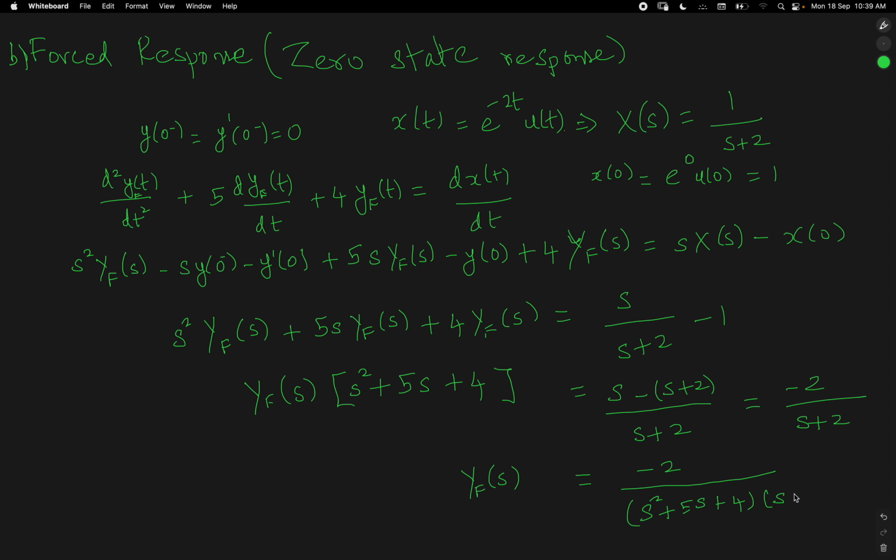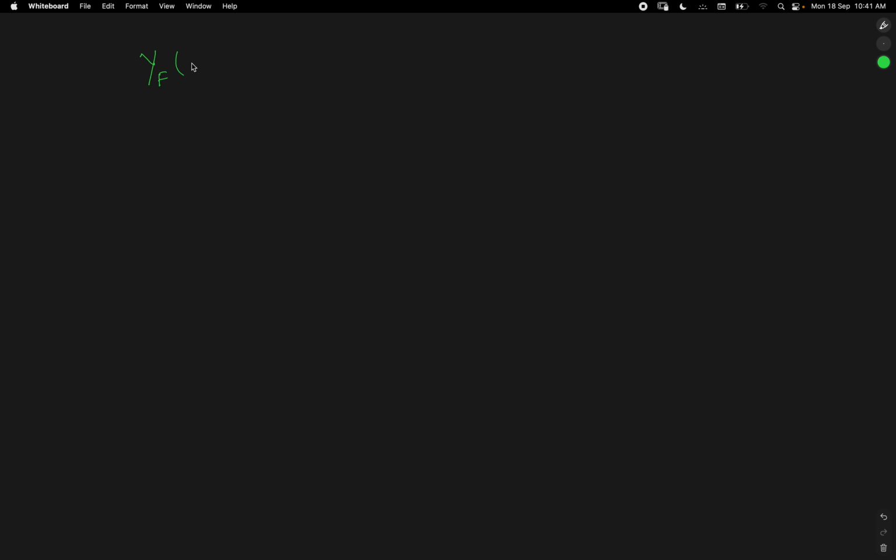I just moved the polynomial s² + 5s + 4 to the right hand side. So Yf(s) is equal to −2 / ((s + 2)(s + 1)(s + 4)). Here we factorize the denominator polynomial.